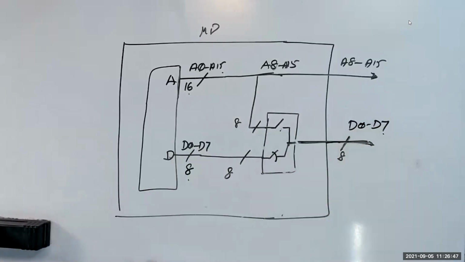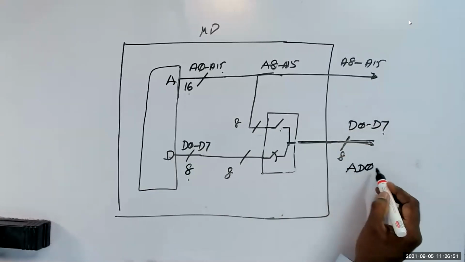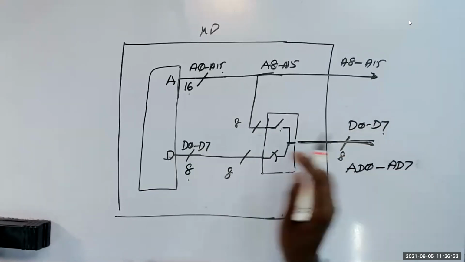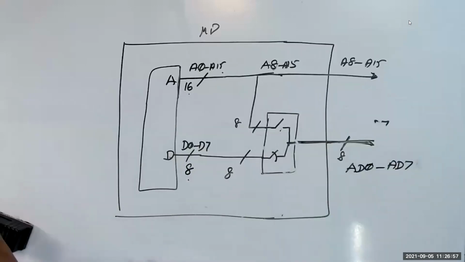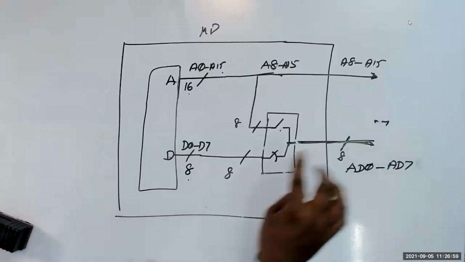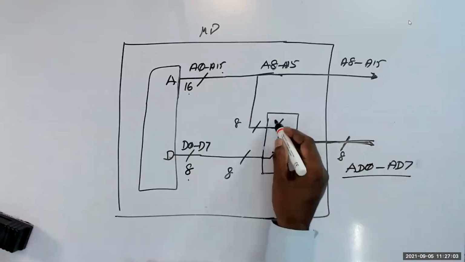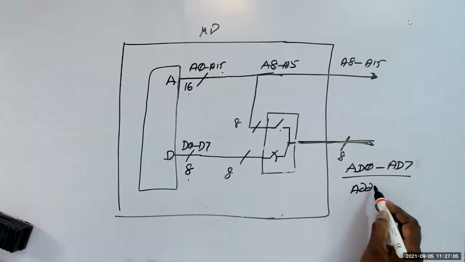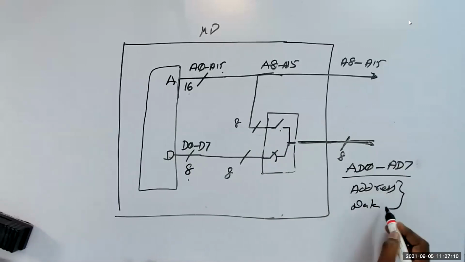That's why they call this wire AD0 to AD7. Understand? So this line can sometimes be an address line and sometimes a data line. This is called multiplexing.